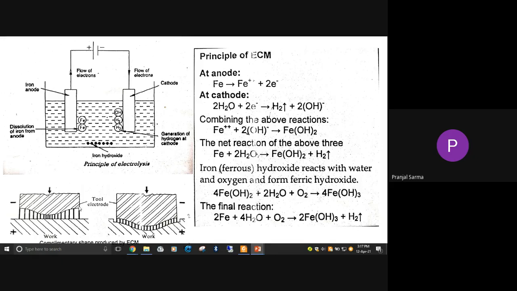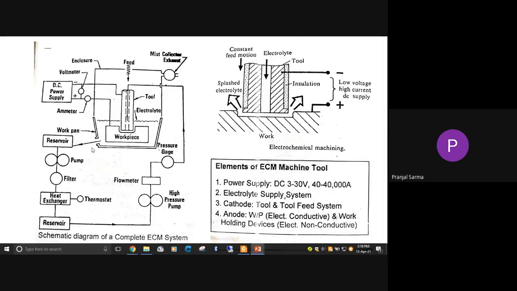That means ECM can very easily give you any kind of intricate replica shape on the workpiece. But you must remember the workpiece has to be made the anode, it is anodic dissolution.